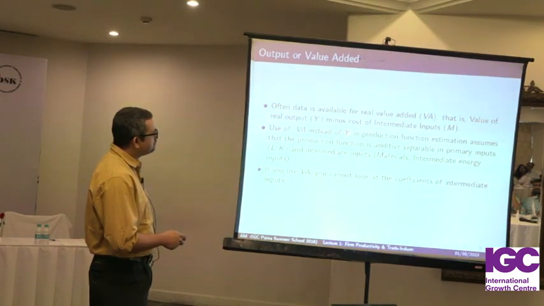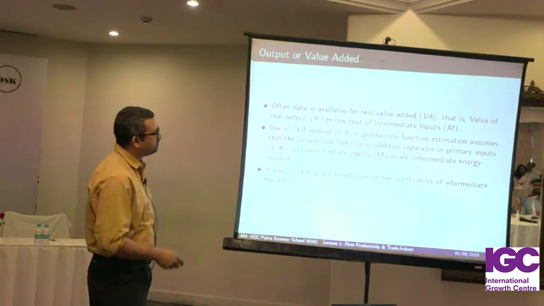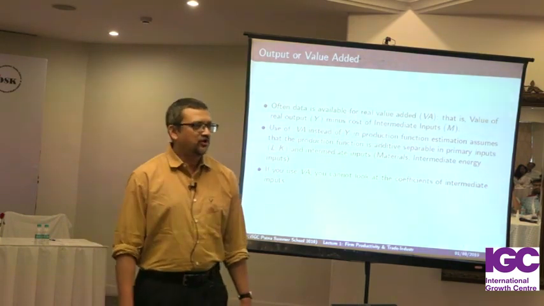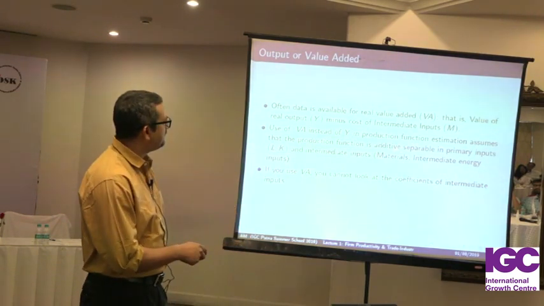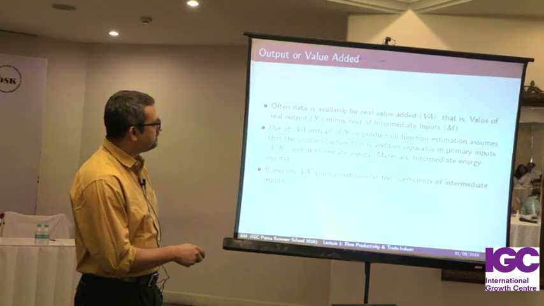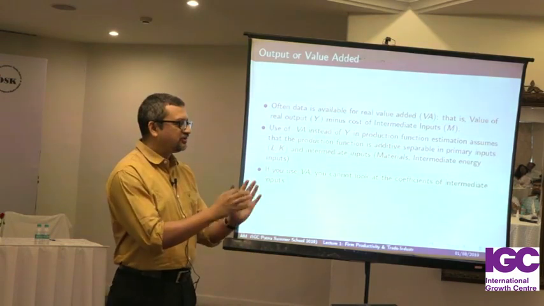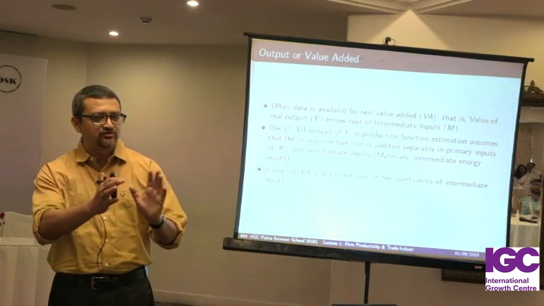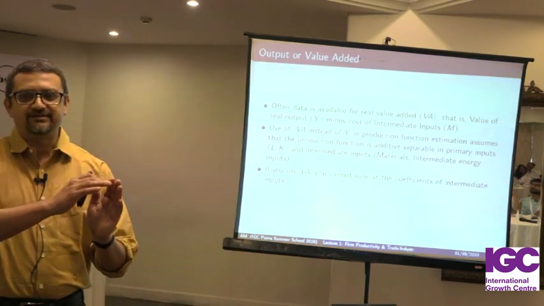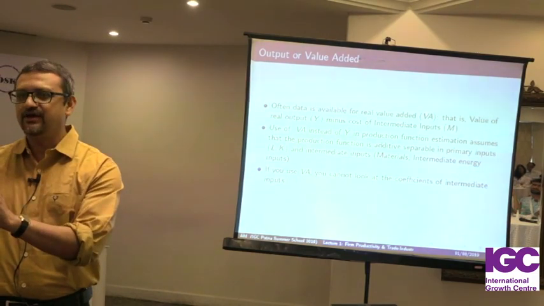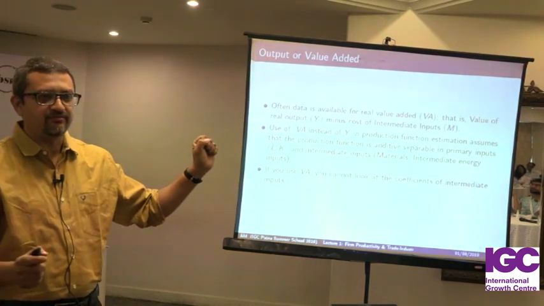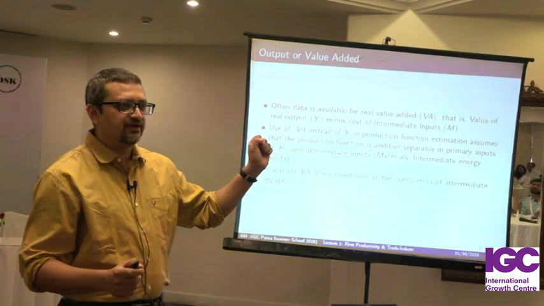So, if I use value added instead of Y in the production function, what am I assuming? I am assuming that the production function is additively separable in price and intermediate inputs. That is, you can divide the production function into what comes from L and K and separately what comes from M, so that you can subtract out M from the left hand side and you can do it.